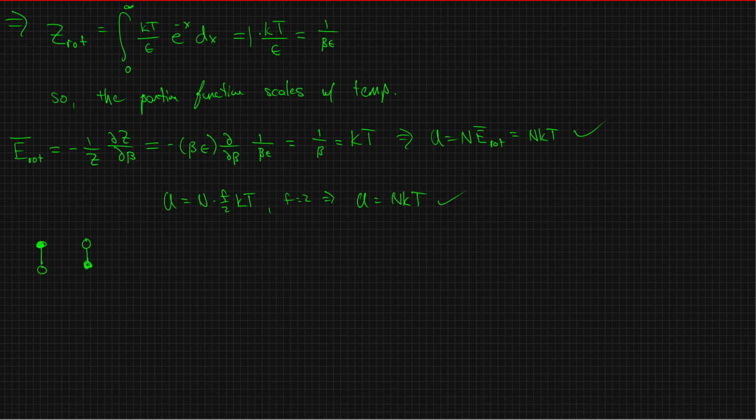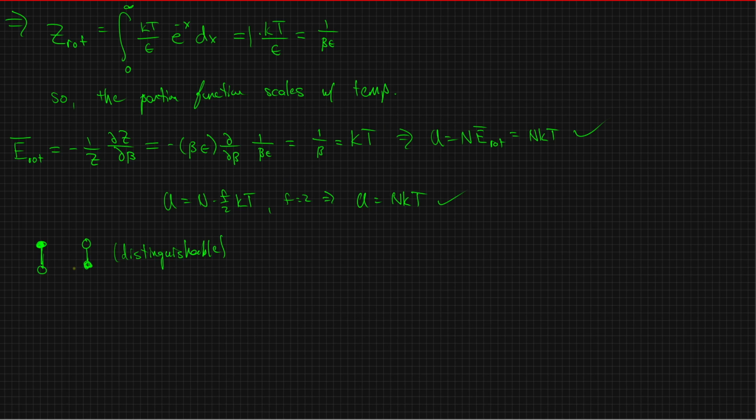Because when we're saying that they're implicitly distinguishable, we're saying that you can tell the difference between this side of the molecule and this side of the molecule. So rotating it by 180 degrees is different. That's only true if they're distinguishable. So the result here we showed is only true if the particles themselves are distinguishable.